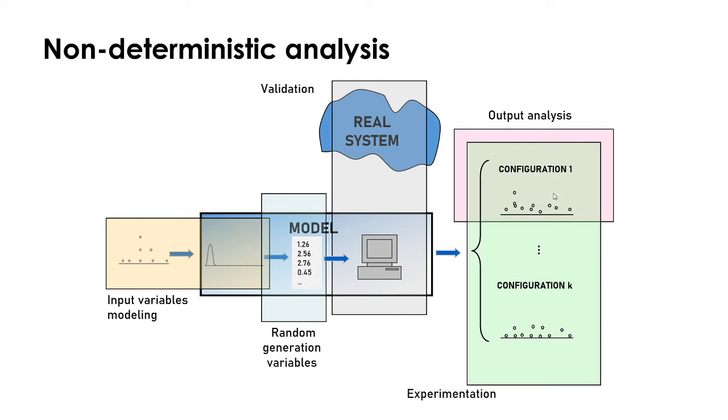So we have average values, we have confidence intervals, at least for us to get a first impression of how good our configuration is. And other times we don't want to analyze just one configuration. We will want to compare a set of those. We want to get the best out of several configurations.